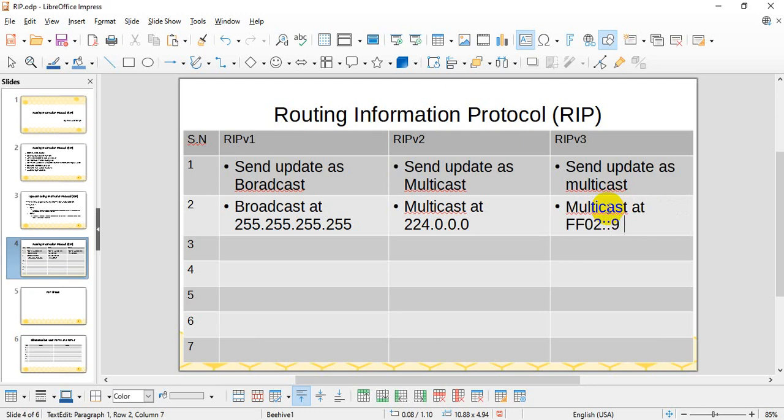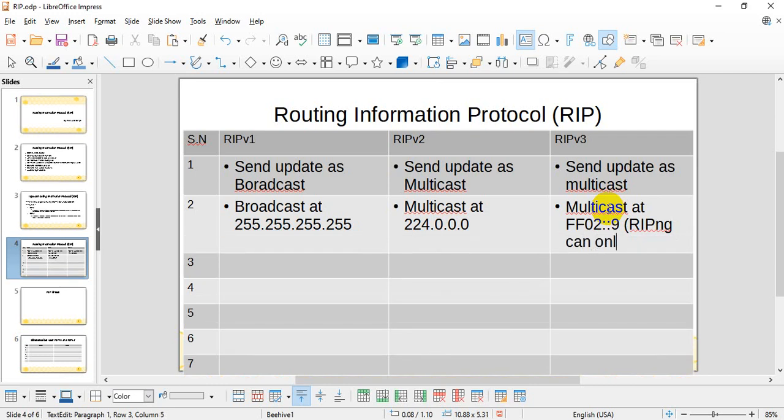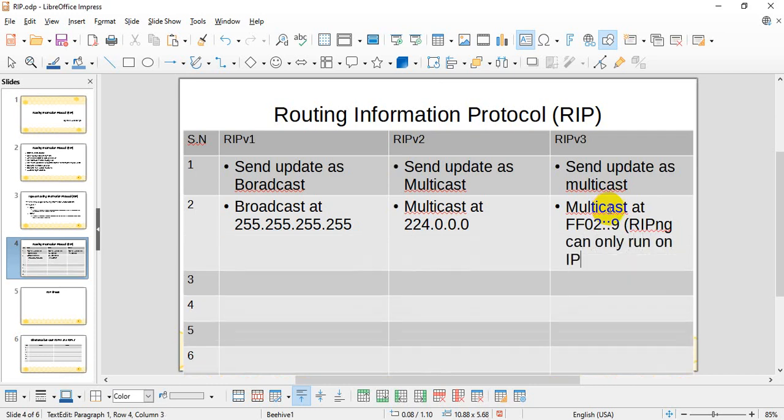Why? Because RIPng can only run on an IPv6 network.